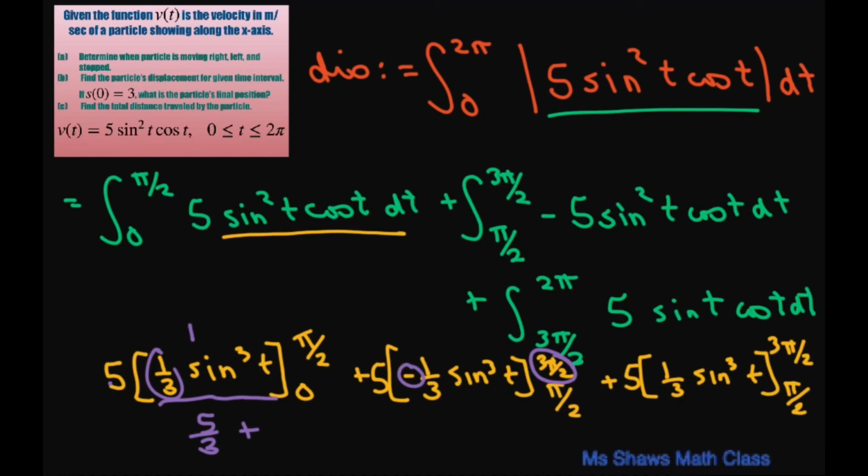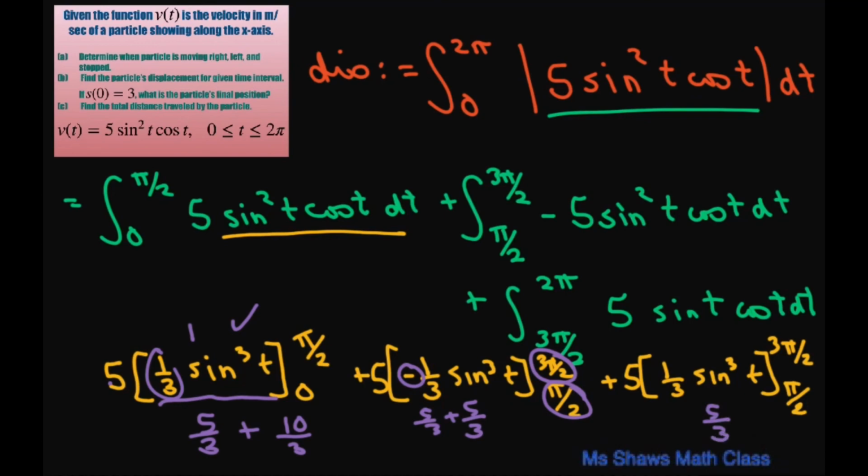And so this is going to be 10/3, because you're going to have 5/3 plus 5/3 here. One of them's negative, so it changes to positive. And then for this one, same thing, you go back to 5/3.